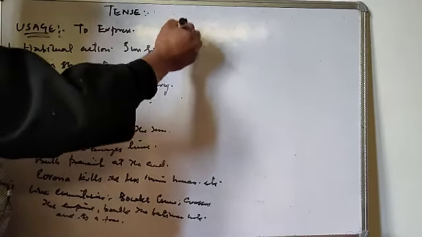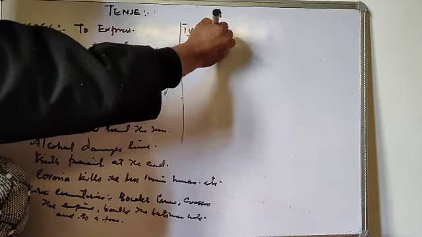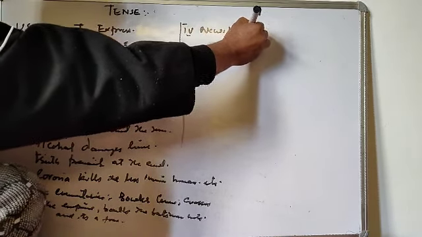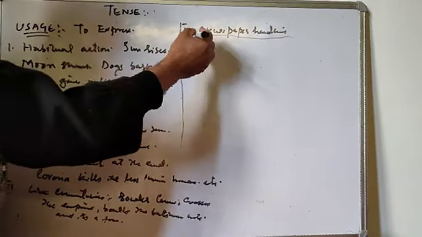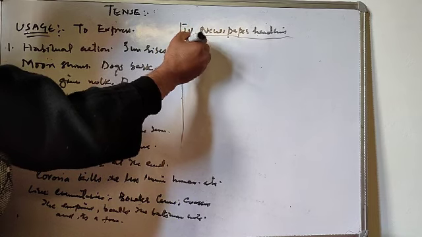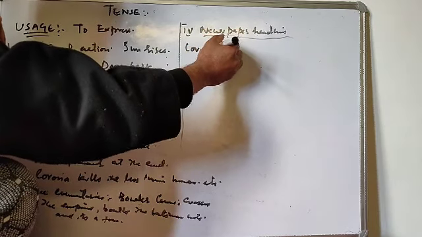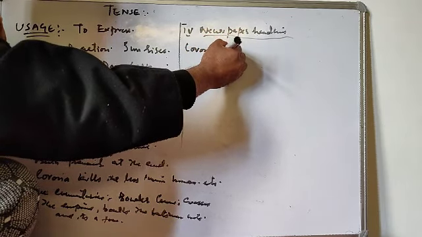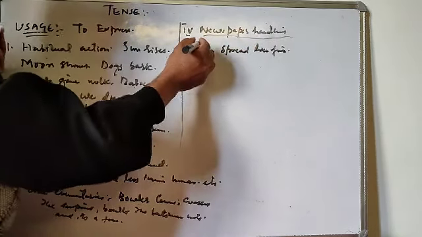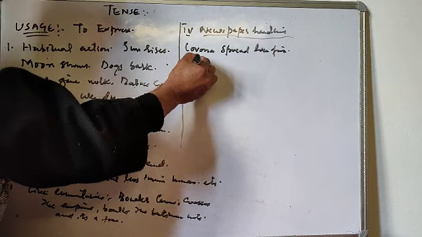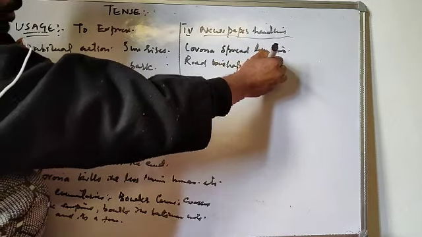Okay, next, it is also used in newspaper headlines. For example, there is a headline in today's paper: Corona spreads like fire. A road mishap leaves one dead.